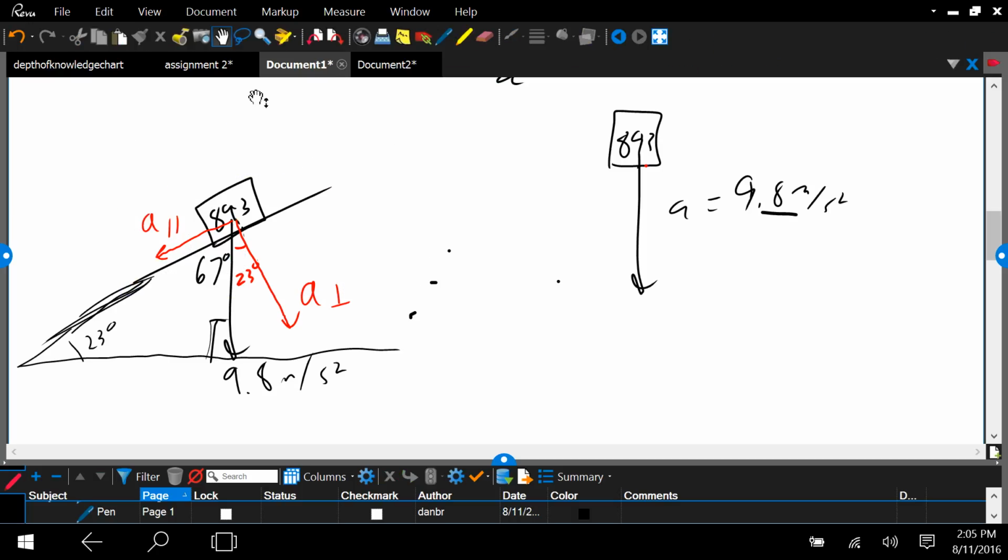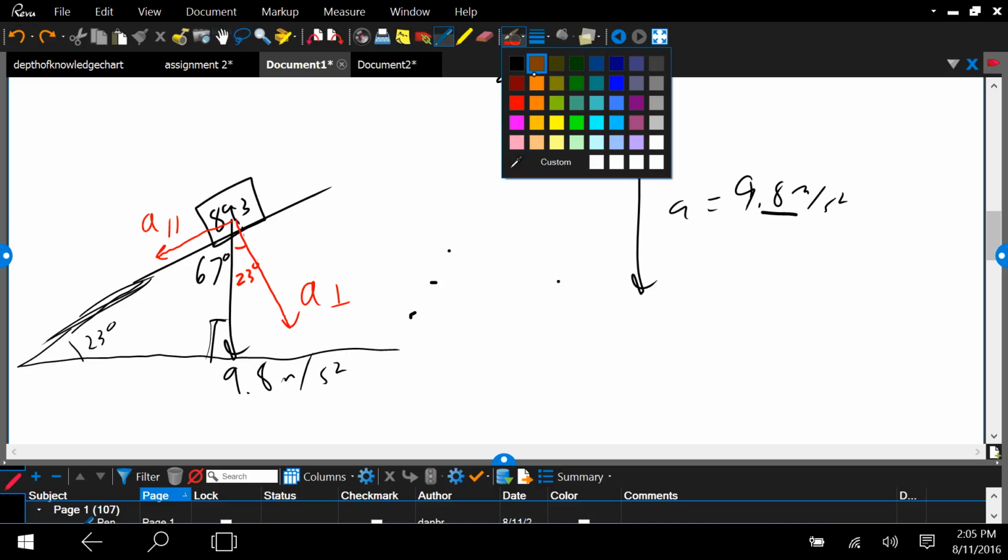And let me see if I can actually do anything I'm trying to do here. No, that didn't work. All right, whatever. So I will just redraw the triangle here quickly.